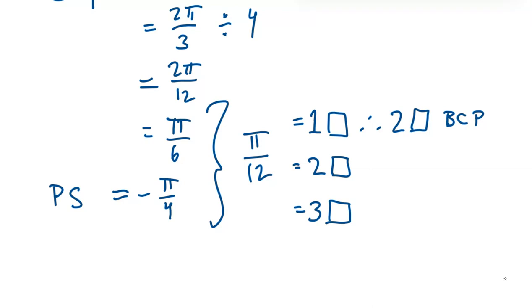If pi by 12 is 2 squares, how many squares between critical points? 4. If pi by 12 is 3 squares, how many squares between critical points? 6.